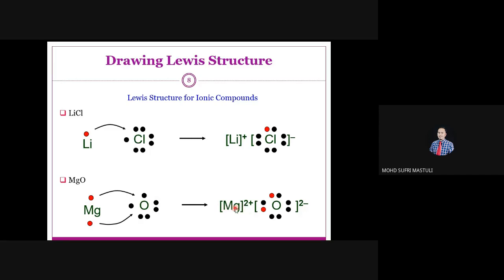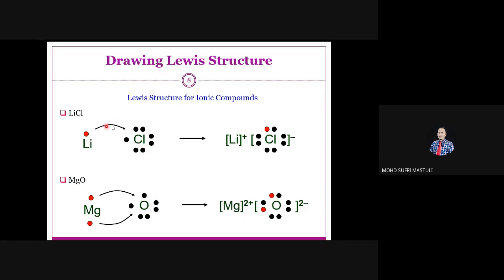Because magnesium transfers its two valence electrons into the oxygen, magnesium becomes 2 plus. Since oxygen receives another two additional valence electrons from the magnesium, the oxygen becomes 2 minus. So this is how you draw the Lewis structure for ionic compounds.